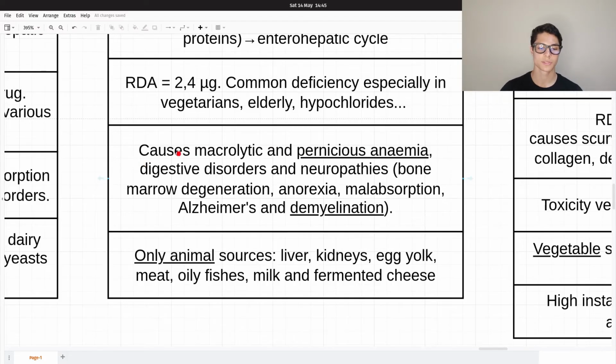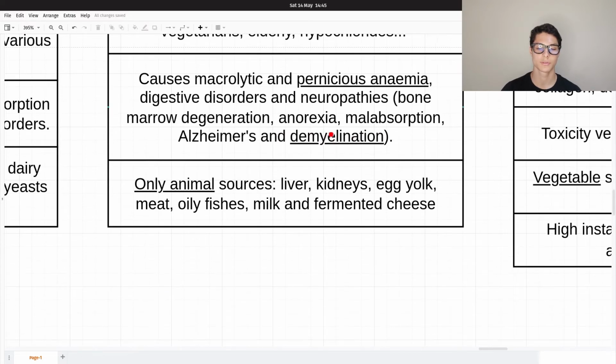The deficiency causes macrocytic and pernicious anemia, which is very dangerous, and digestive disorders and neuropathies, such as bone marrow degeneration, anorexia, malabsorption, and even worse, Alzheimer's and demyelination. Demyelination is the stage previous to multiple sclerosis. That's an autoimmune disease. It's very important, this vitamin.